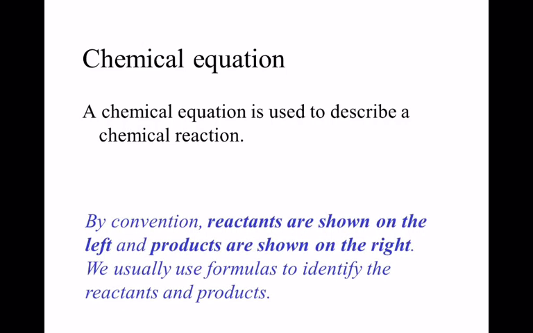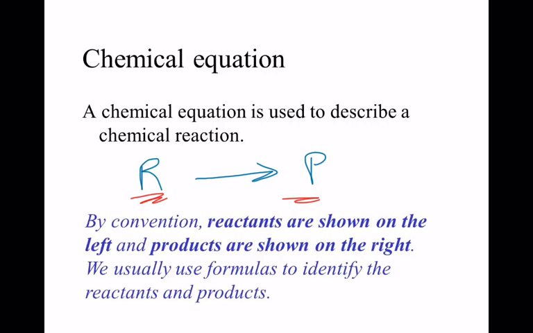Okay. So we read an equation of a reaction from left to right, just like a sentence, and I'll put an R over here for reactants, and I'll put a P over here for products. Okay? Makes sense?